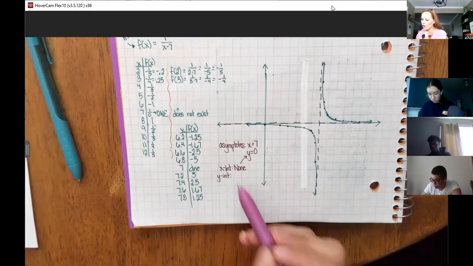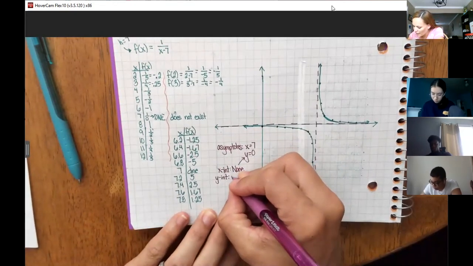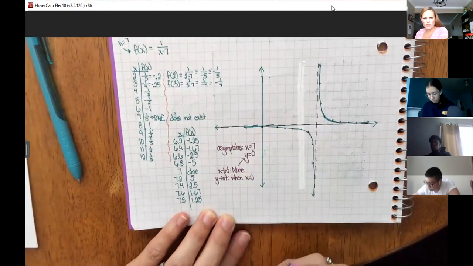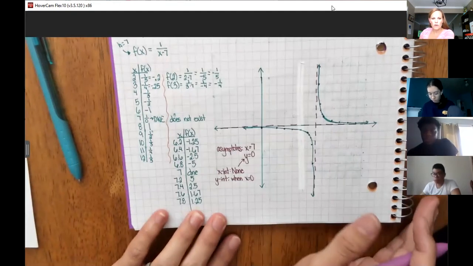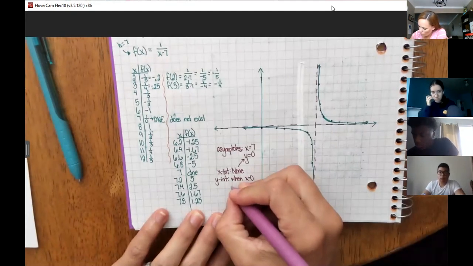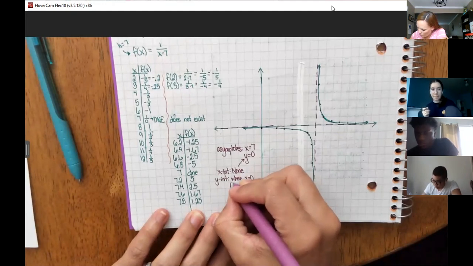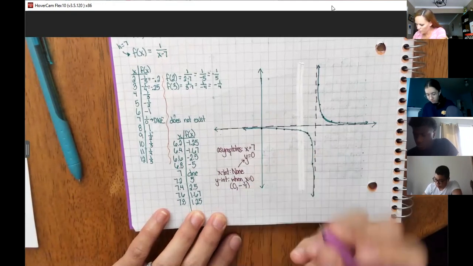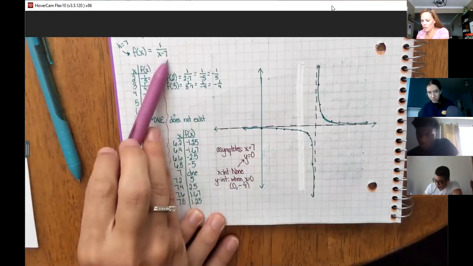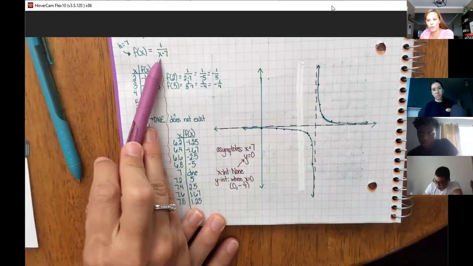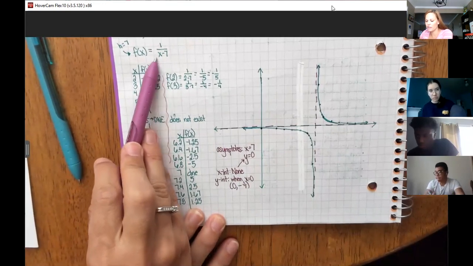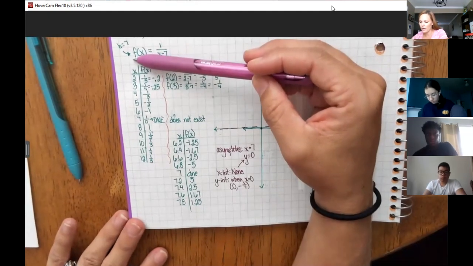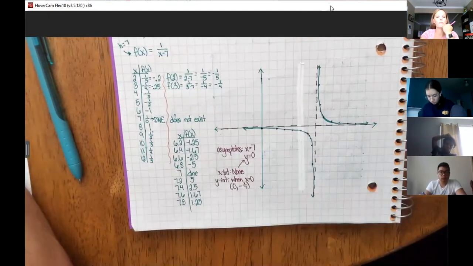Remember, anytime you want your y-intercept, it's when x equals 0. So if x is equal to 0, we have the point (0, -1/7). The -1/7 just comes from plugging a 0 into our denominator. 0 minus 7 gives us -7. Just the same way I was plugging in the numbers here, if we kept going backwards and worked up to 0, we would get that point.